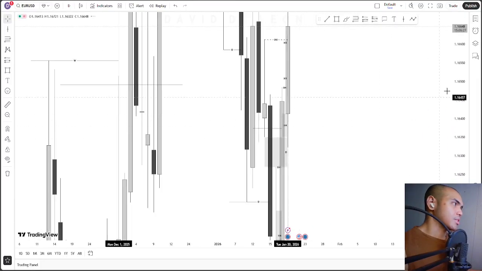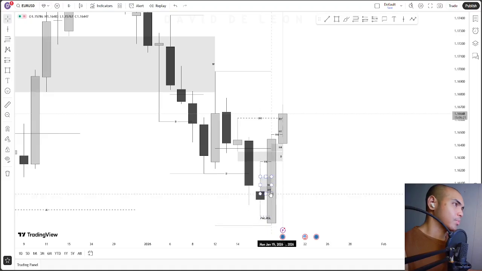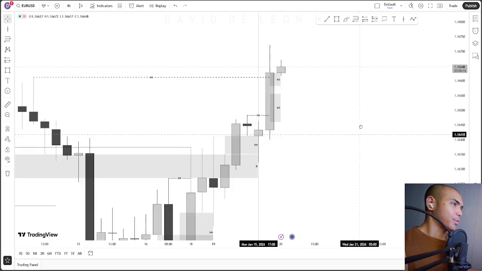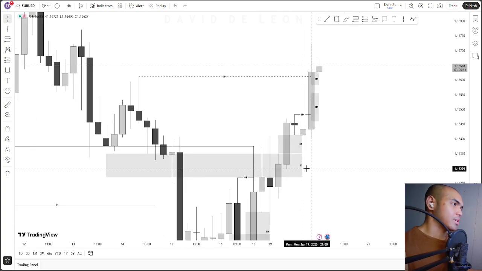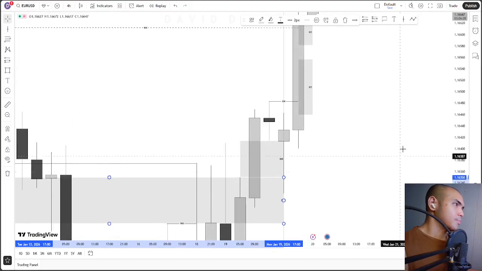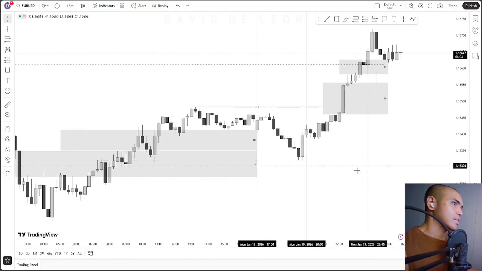The trade setup is pretty simple: we took out this very important low, price created an H4 buy side imbalance, and we also have an overlapping daily buy side imbalance as well. So it's just pretty easy going down on the M15.